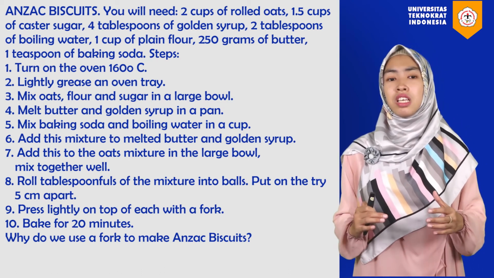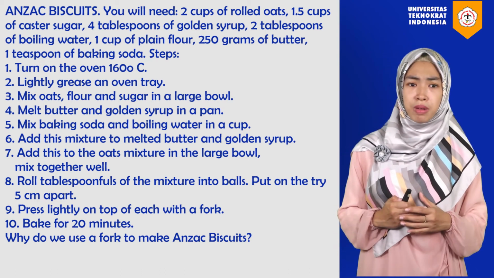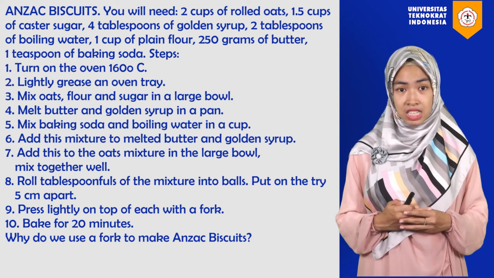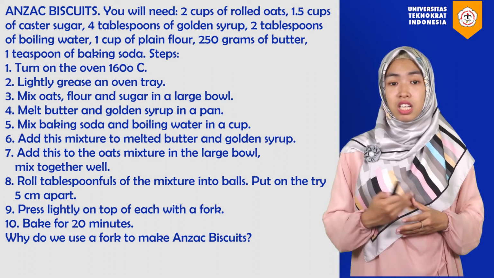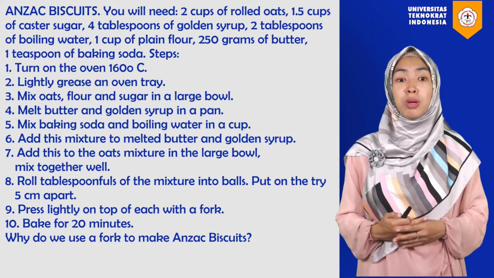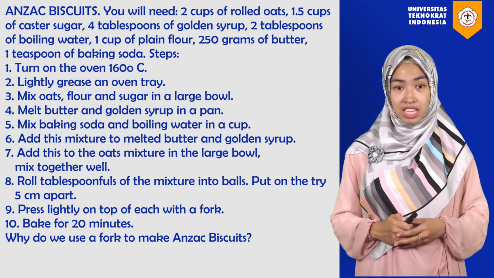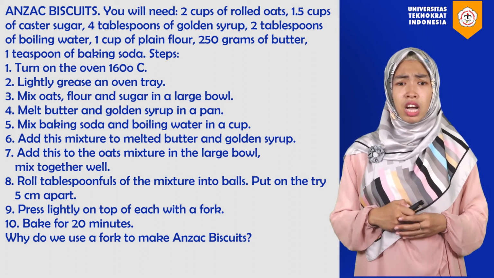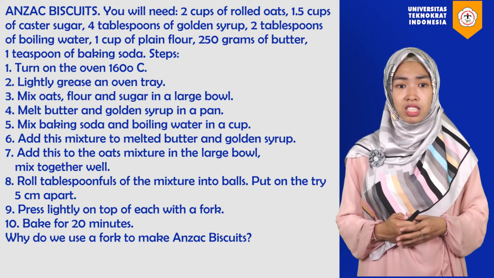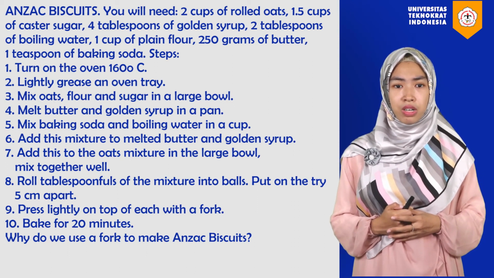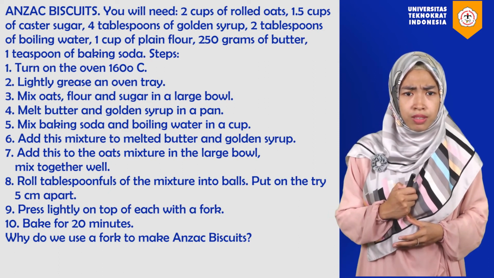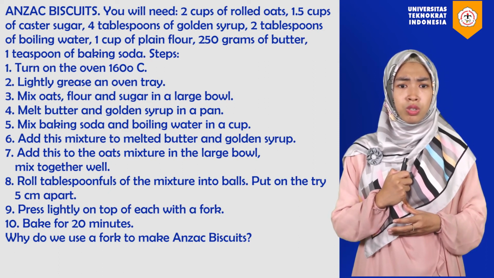But in this case, we have a different example, a different manual text. So it provides the information related to the materials or ingredients used in this manual text. Now, after letting us know about the materials, it tells us about the steps. Take a look here. Here we go.